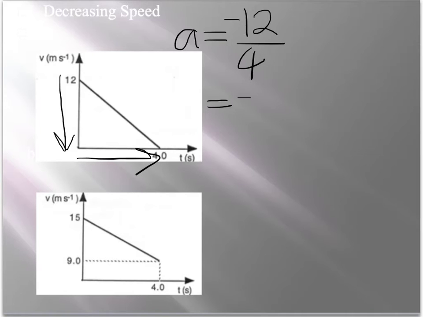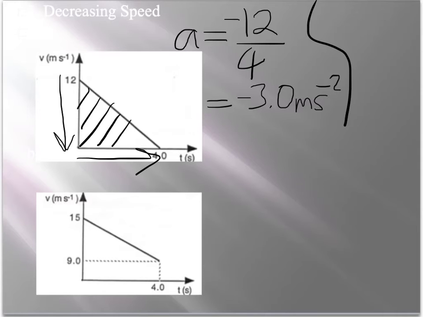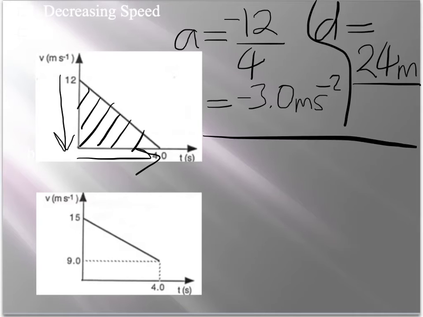It's a negative acceleration because the speed is slowing down, of course. -3 meters per second squared. Our distance, of course, travelled during this slowing down is that area there, the area of the triangle. So distance equals half base times height, half times 4 times 12, which would be 24 meters. Check it for yourself, make sure you agree.